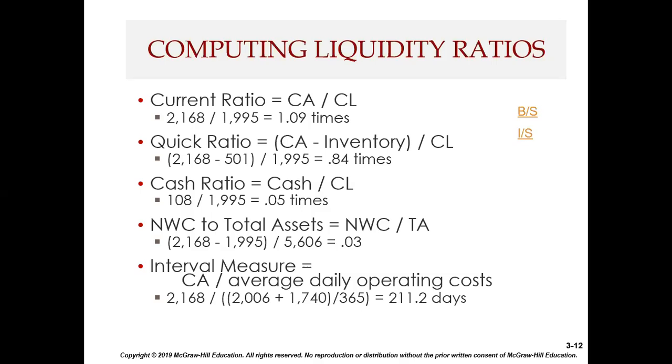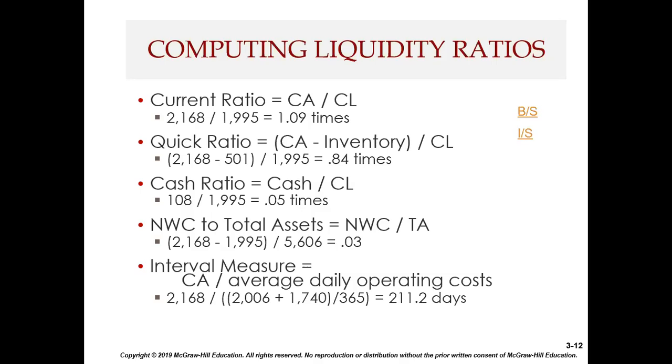I'm just reading along here because this is a newer one to me, but this is telling us how long the company can operate until it needs more money, more in current assets. So that's how much in current assets there are to fund our daily activities.